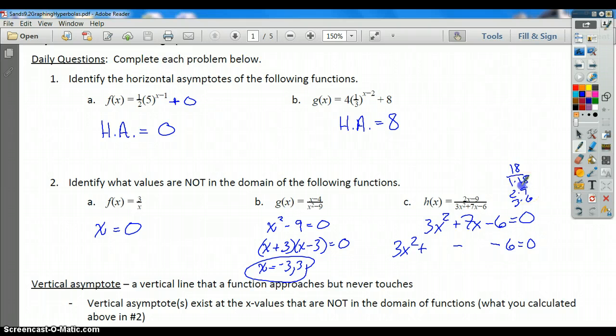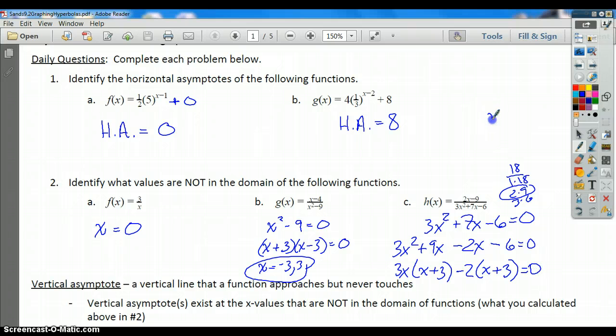The two numbers that have a difference of 7 are 2 and 9. So 9x needs to go with the plus, 2x has to go with the minus. You can see that these two here where my pen is will make 7x when you combine them. GCF after the first two is 3x. This is x plus 3. GCF after these two is negative 2, leaves me with an x plus 3.